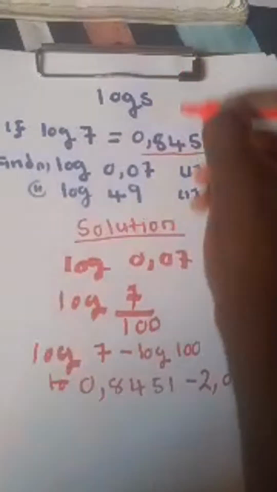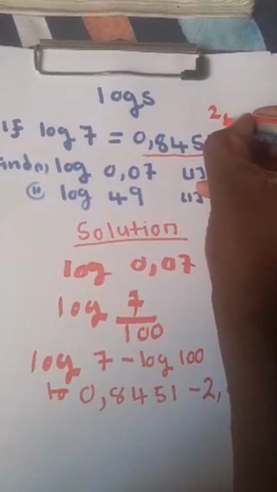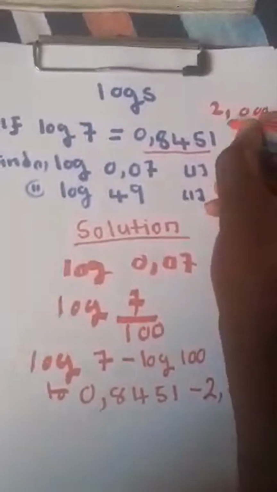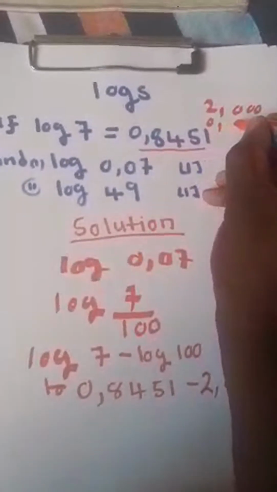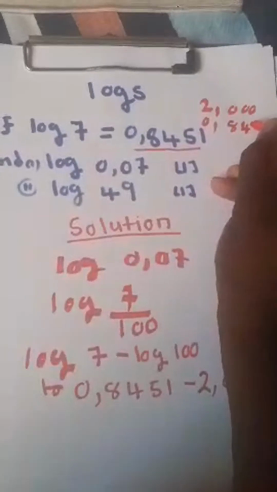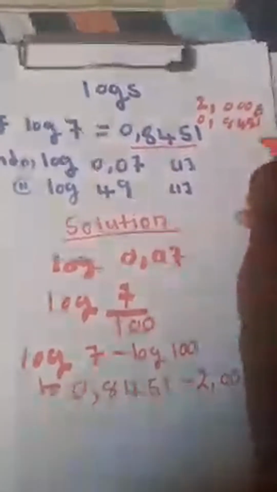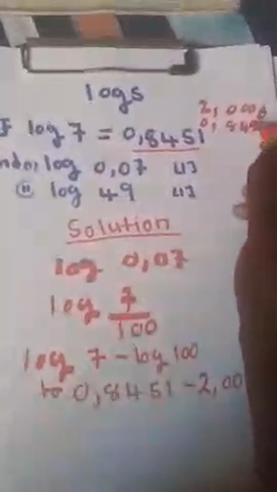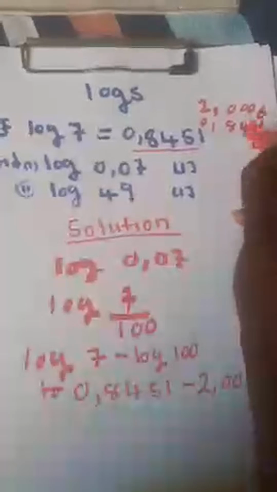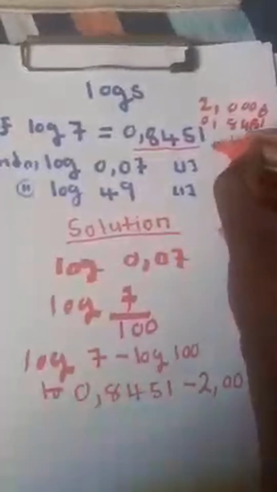Okay, so what are we going to do? We're going to say 2,00 minus 0,8451. Okay, so 10, 9, 5, here we got 4, here we get 5, 1, then 1.